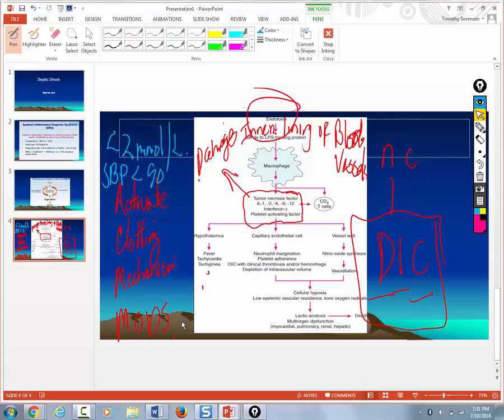So the criteria for septic shock, in the absence of any other clinical information, is a systolic blood pressure of less than 90 millimeters of mercury, and a lactate level greater than 2 millimoles per liter. If it's greater than 2 millimoles per liter, and your systolic blood pressure is less than 90 millimeters of mercury, you treat that person for septic shock. You got me?